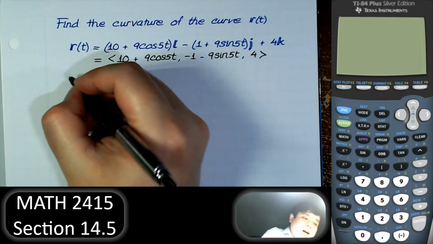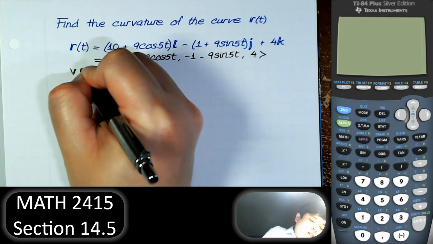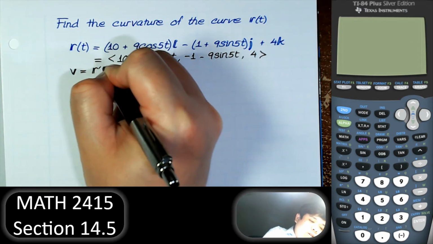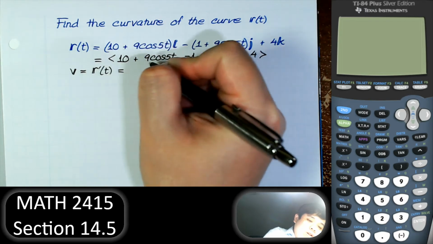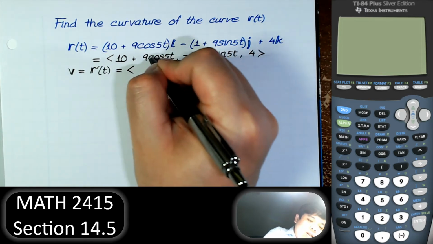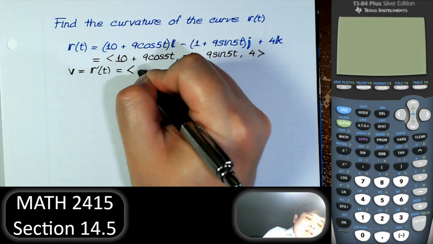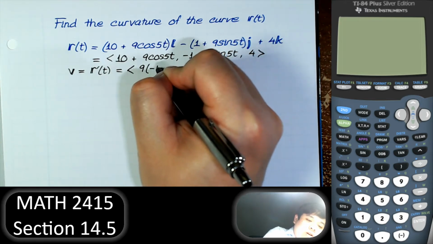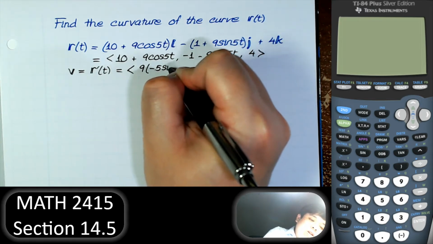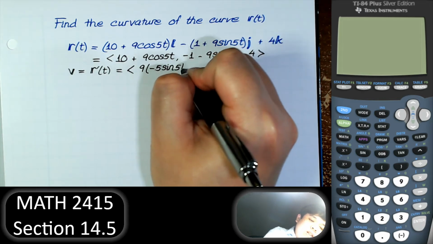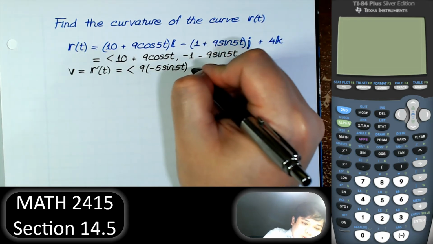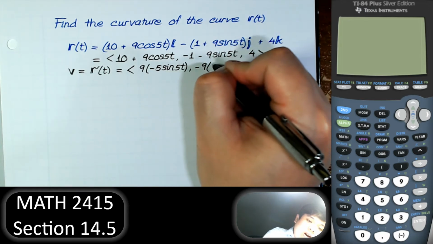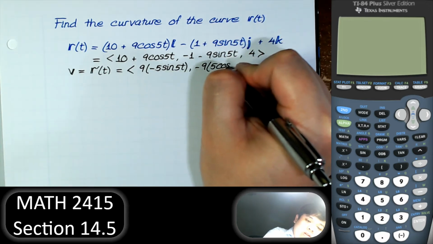All right. Velocity is the derivative of that. Cosine 5t, derivative is negative 5 sine 5t. Derivative of this is negative 9 times 5 cosine 5t.